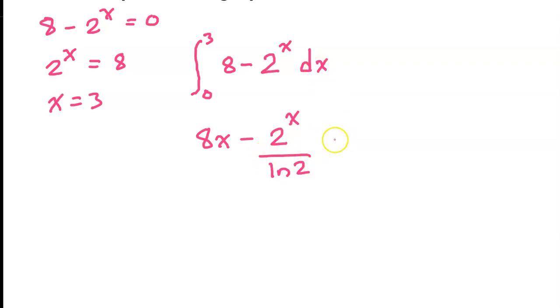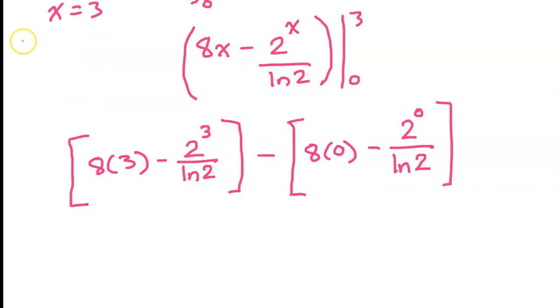And normally I would say plus c right now, but this is a definite integral, so it is time to apply the limits of integration from 0 to 3. This means we need to find the value at 3 minus the value at 0. So here is the value at 3 minus the value at 0.